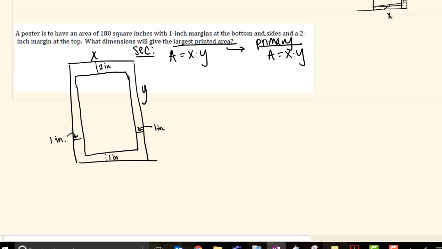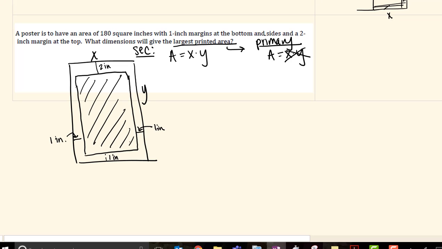So our primary area is going to be not only X times Y. We are not just maximizing that. We are trying to maximize this inner part.